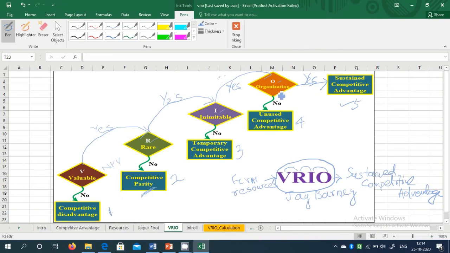If some resources are there but we are not capitalizing on them, we call that an unused competitive advantage. The organization has to utilize it, and only then can we achieve sustained competitive advantage. So this is all about the sustained competitive advantage.